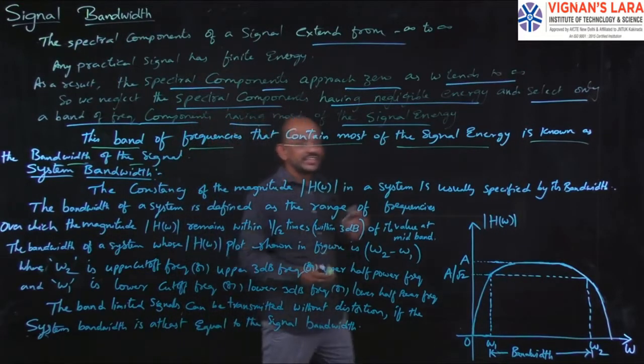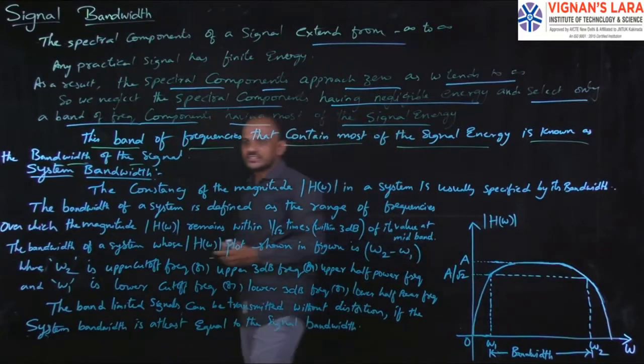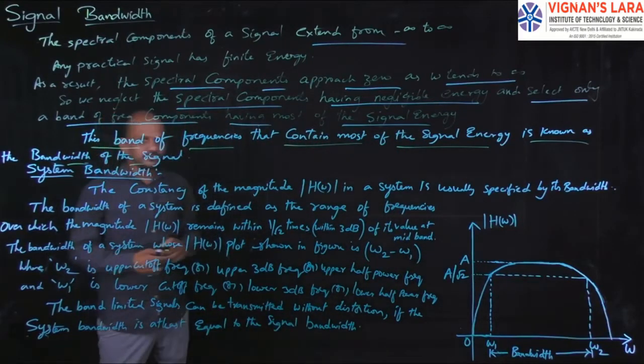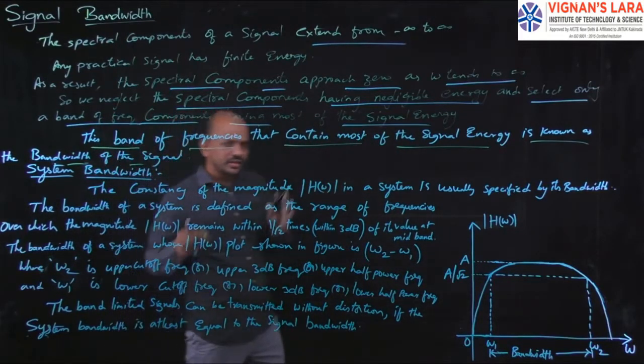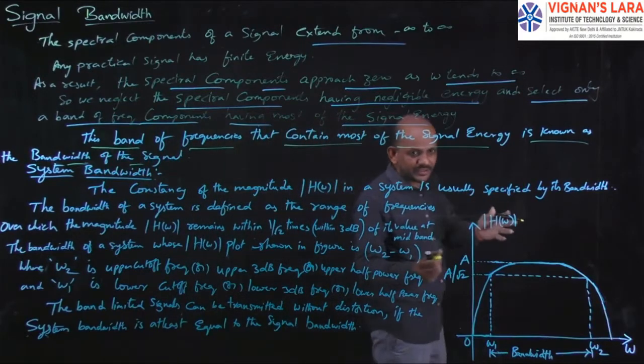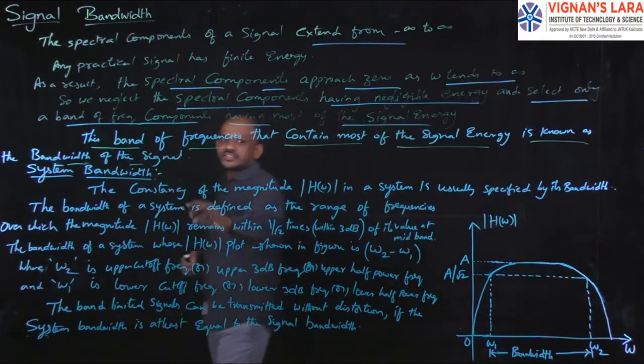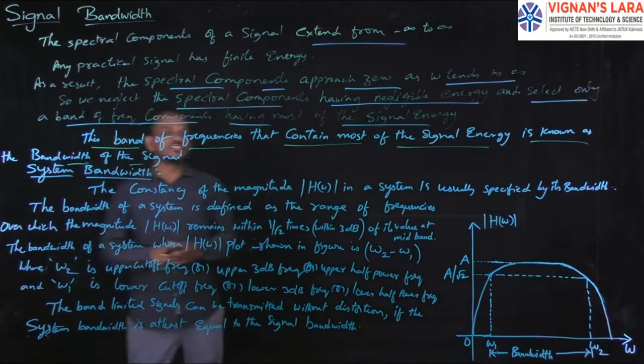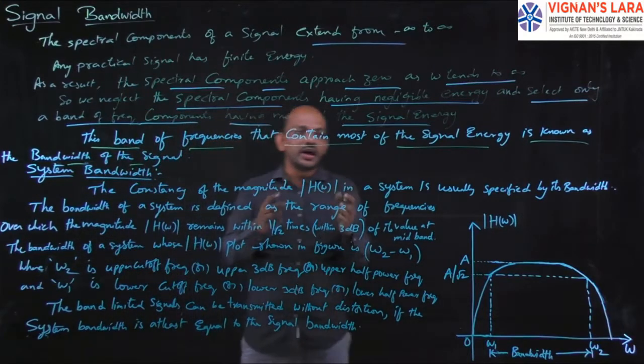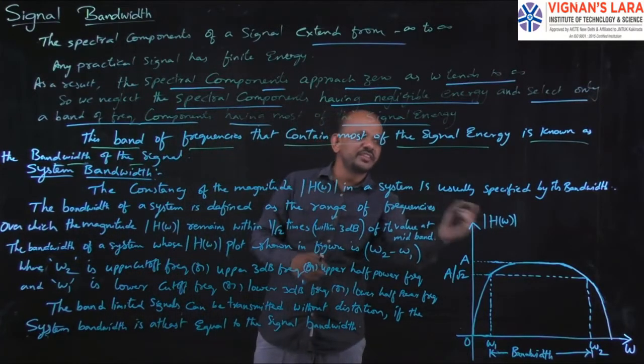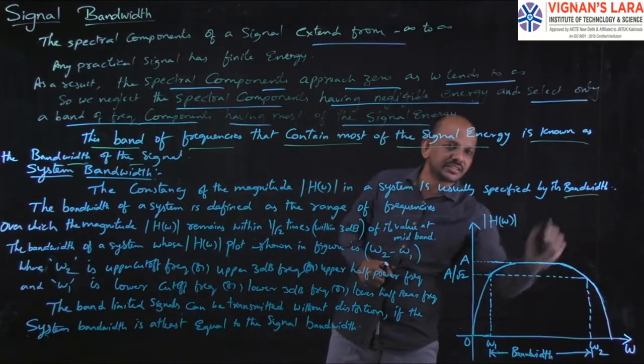Now we will see the system bandwidth. The constancy of the magnitude of the transfer function in a system is usually specified by its bandwidth.